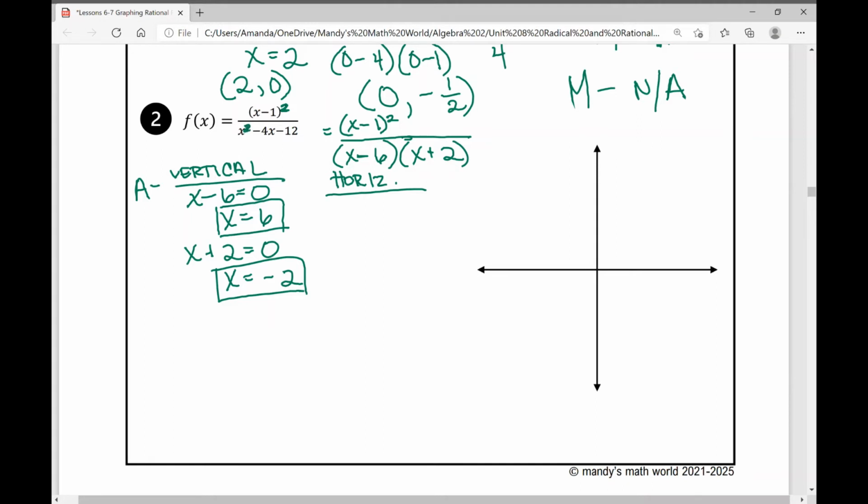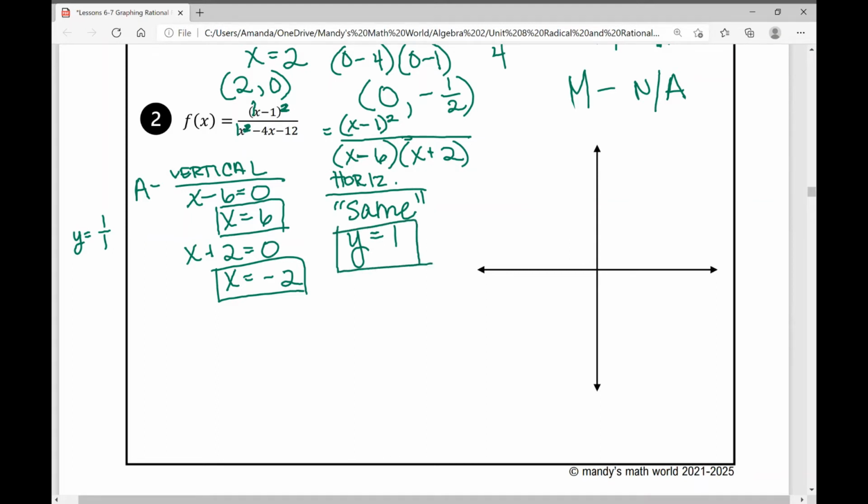So it's actually the same. And when it's the same, then y equals the ratio of the coefficients, which is just going to be 1 and 1. So y equals 1. Remember, it's the ratio, so y equals 1 over 1. If you want to write it out like that, you absolutely can, but y equals 1.